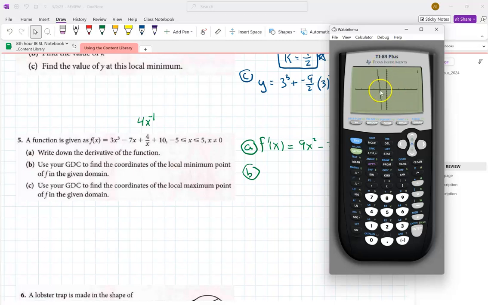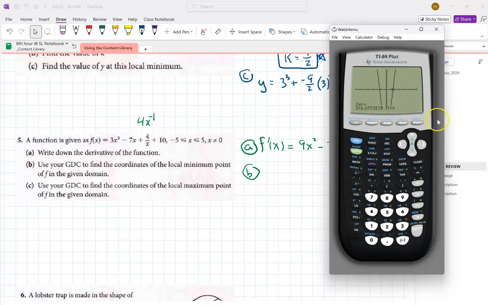This one is a maximum because it's changing from positive above the x-axis to negative below the x-axis. But this one over here is the minimum because it's changing from negative below the x-axis to positive above the x-axis. So all I need to do is find that 0. And look how much easier it is, because you know where the y value is. You're just looking for x-intercepts.